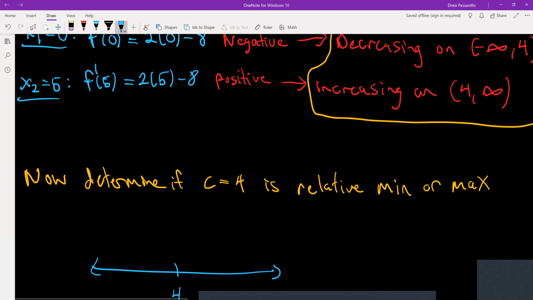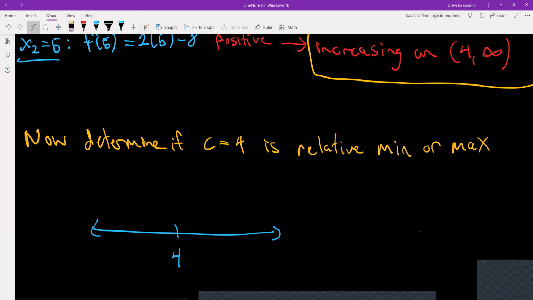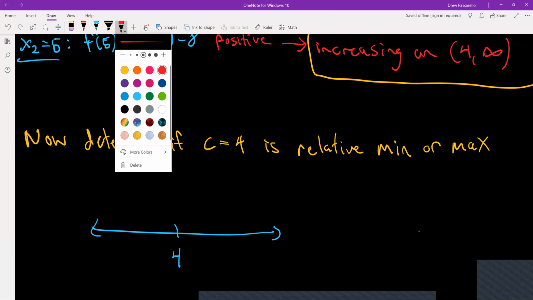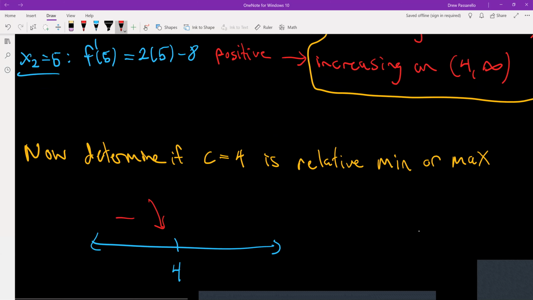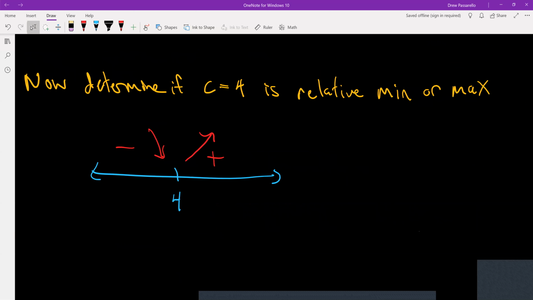We said to the left of 4, it was decreasing, so it means it's going down. To the right of 4, it was increasing, so that was positive, so it's going up. Since it goes from negative to positive for its derivative, that means I'm going to have a relative min.